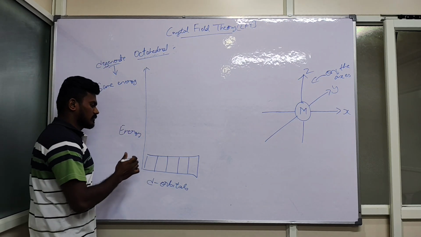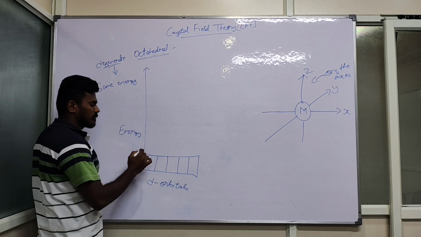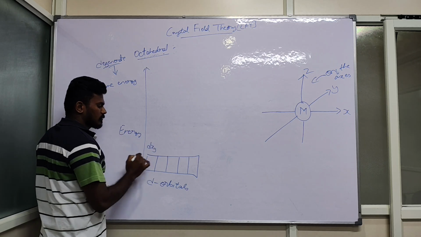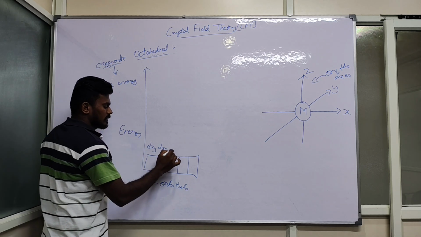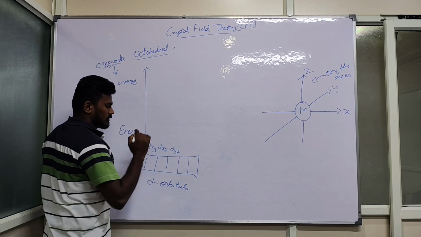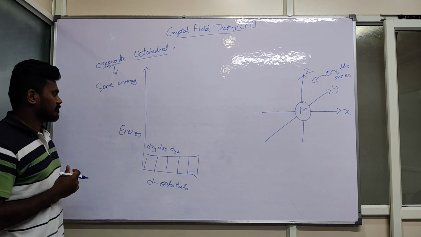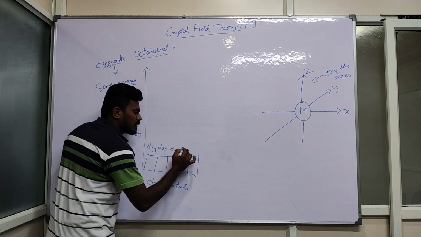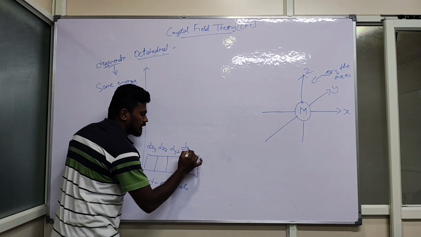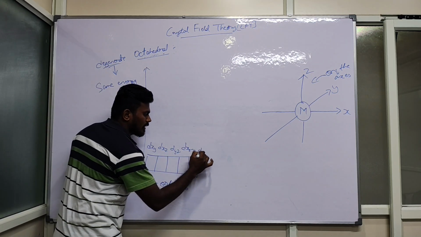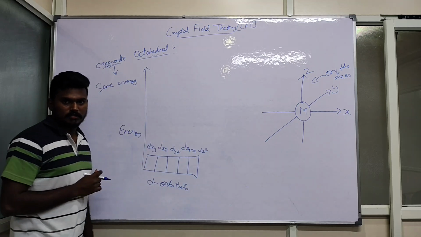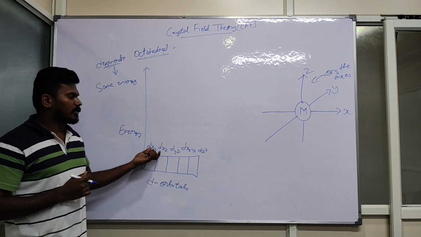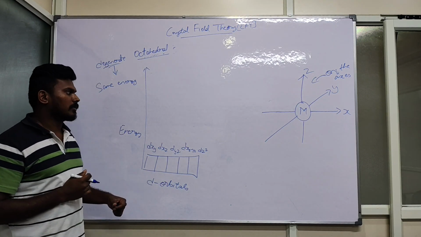The orbital lobes of d orbitals are dxy, dxz and dyz, and the other two are dx square minus y square and dz square. So these are the orbital lobes of the d orbital.